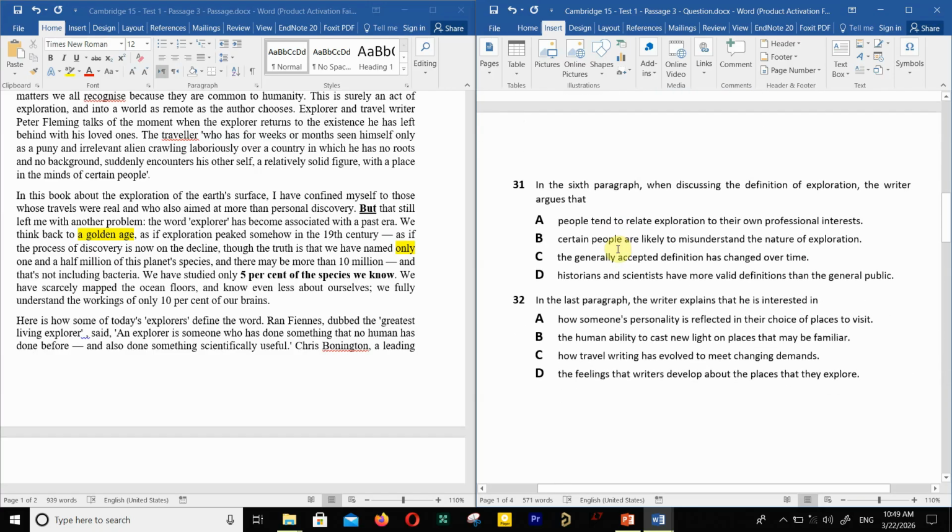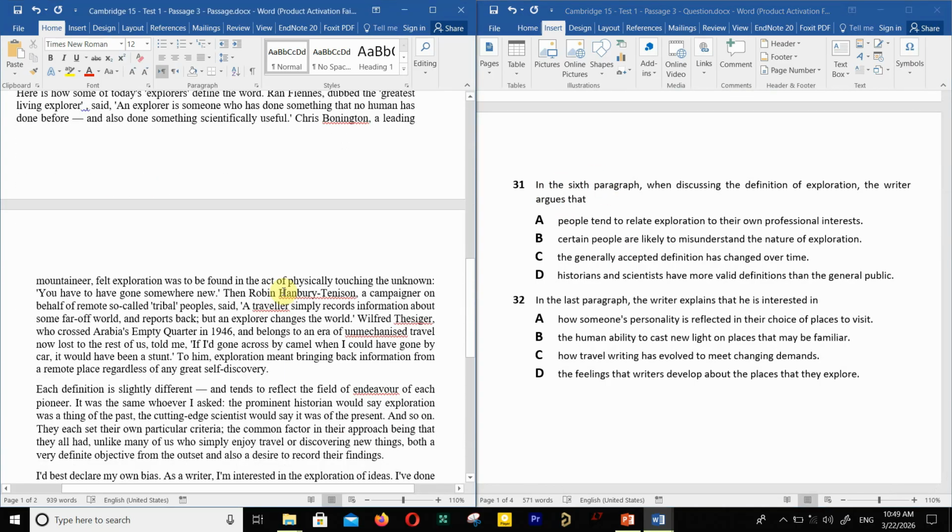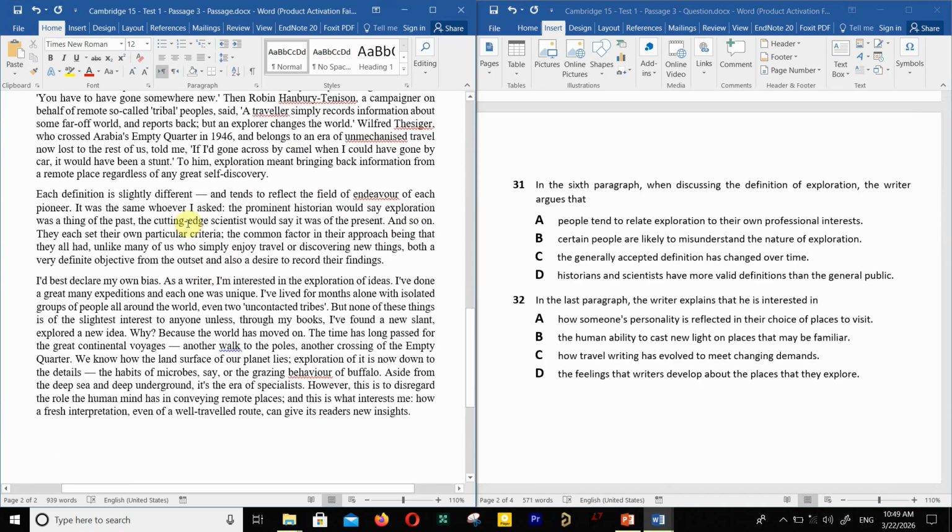Now question 31. In the 6th paragraph, this one was the 4th, forget about number 5. So this is the 6th paragraph. When discussing the definition of exploration, the writer argues that, here, just take a look at the last line of the previous paragraph. To him, exploration meant.